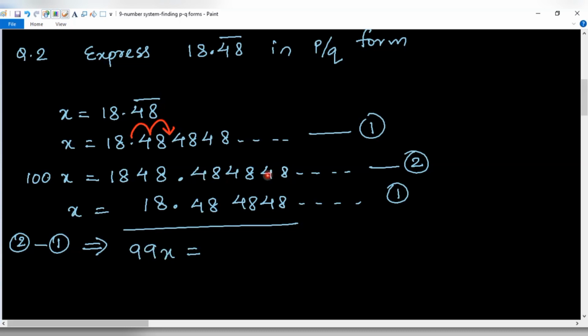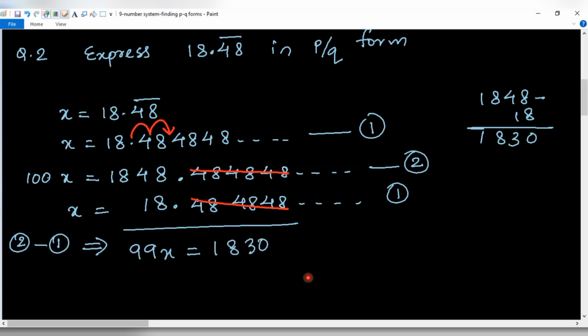99x is equal to 1848.484848 minus 18.484848. After the decimal place we have the same digits, so these parts get cancelled. What is left is 1848 minus 18, which is 1830.